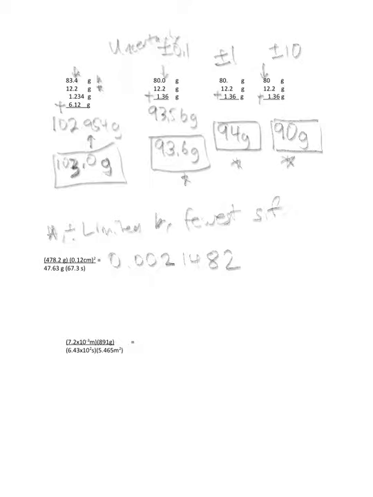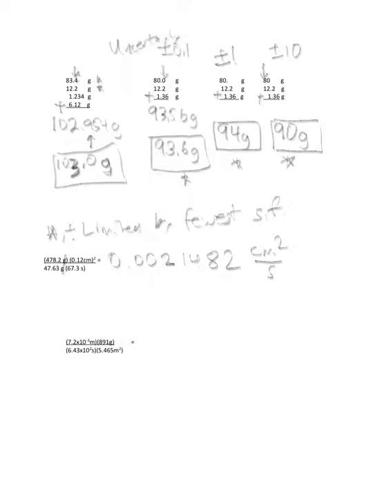The units, grams cancel, centimeters become squared over second. So I've got my units, I've got a big number multiplied by a small number, divided by two big numbers, so I'll wind up with a fractional number, and 0.02 is certainly a fractional number less than 1.